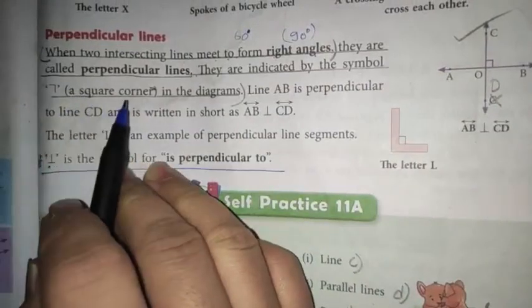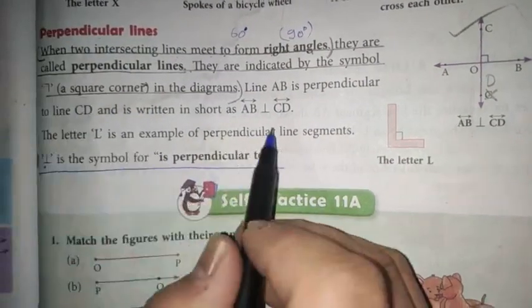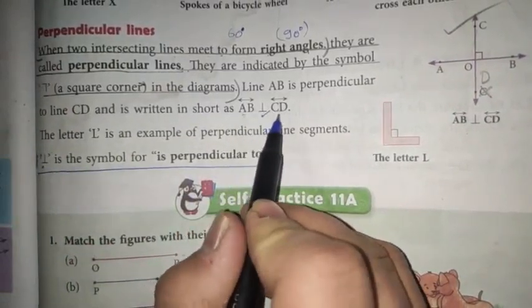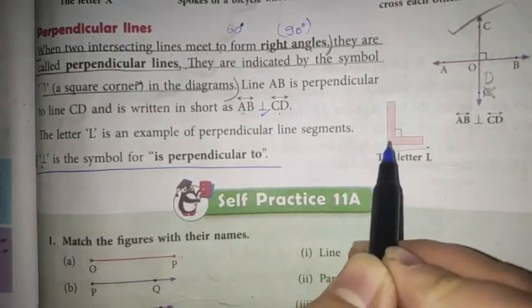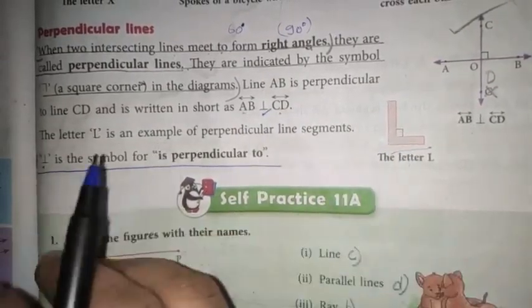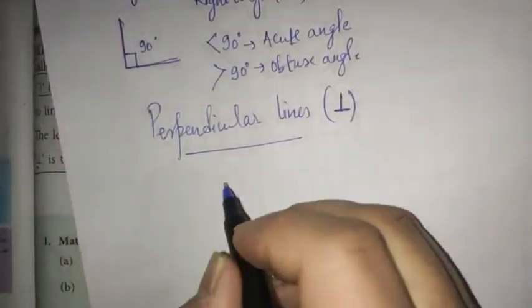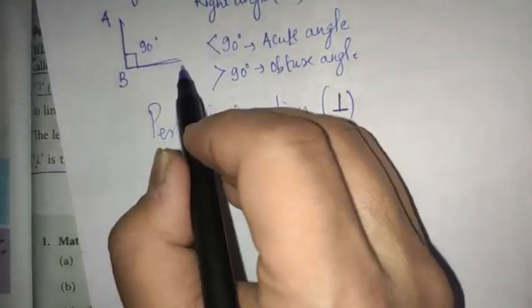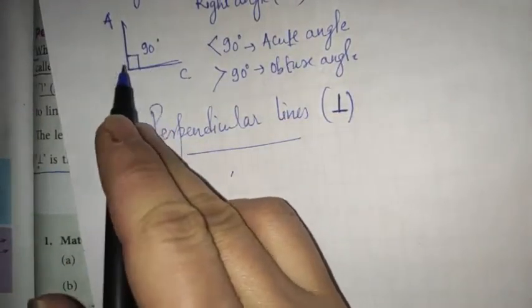Just see, the square corner. So you can use this one or this one. So AB line is perpendicular to CD. The symbol here represents the perpendicular line. Okay, now how to pronounce this? Say this is ray AB, and this is line BC here. These two are in contact, intersecting lines.